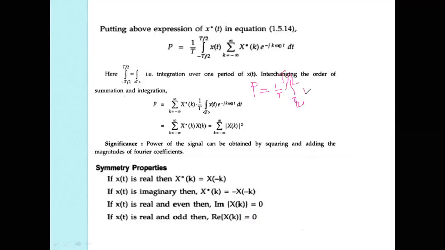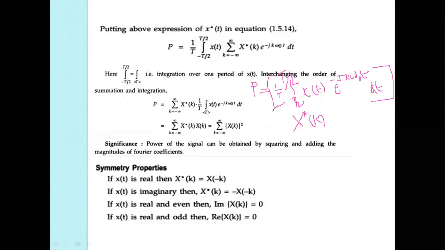I'm taking the x of t, and here also the t function is there. Take the e power minus jk omega naught t and the dt, whole multiplied with x star of k, the conjugate of the Fourier coefficient.